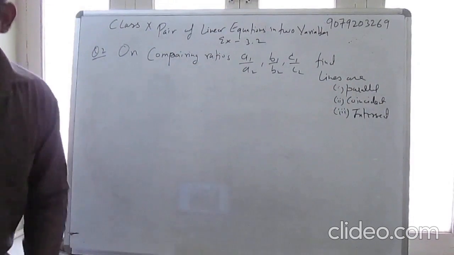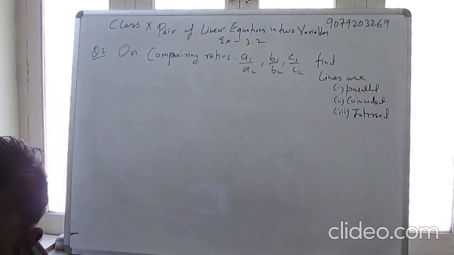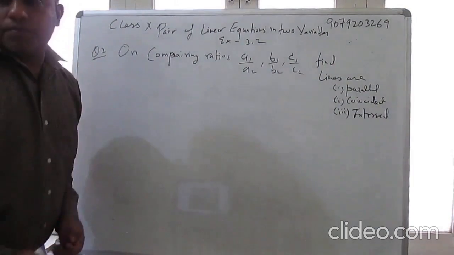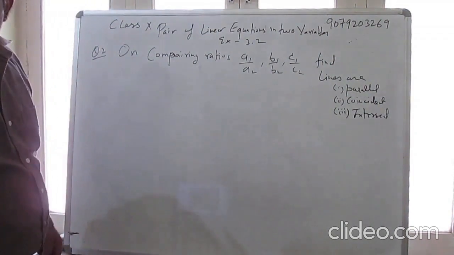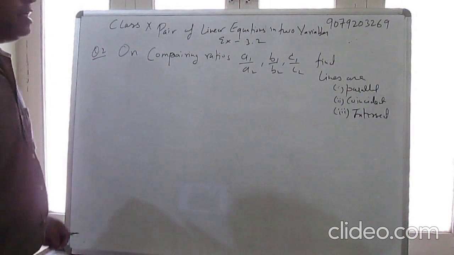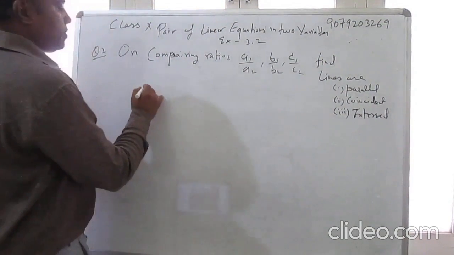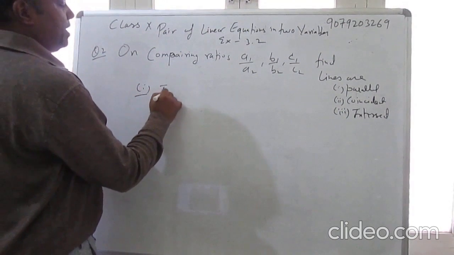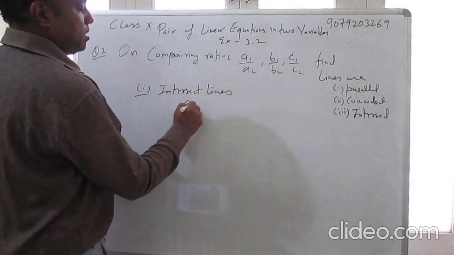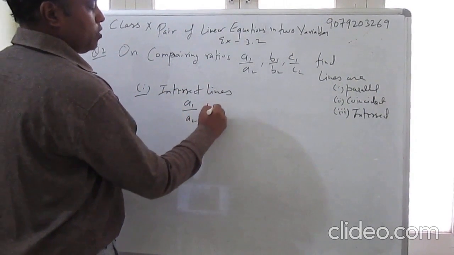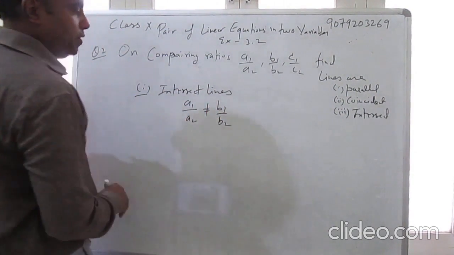So now I will recall those conditions. You know the condition for intersecting lines: A1 upon A2 not equals to B1 upon B2.